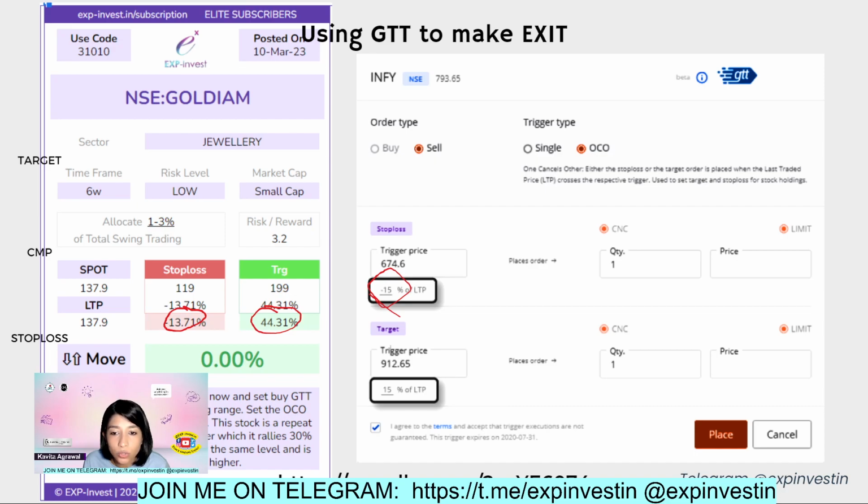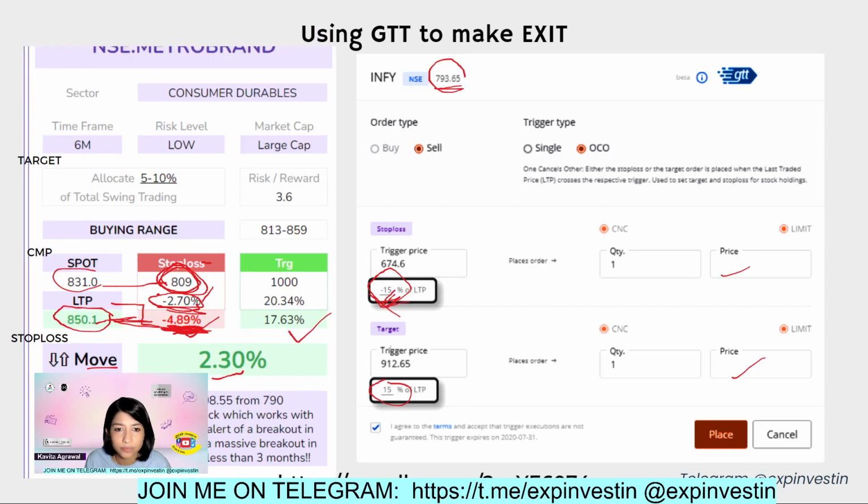So you want to use this percentage stop distance of the stop loss in percentage terms from the LTP, and you can enter it in the percentage window for both stop loss and target, and then enter your actual execution limit price manually. So this is just another way of using the GTT order.